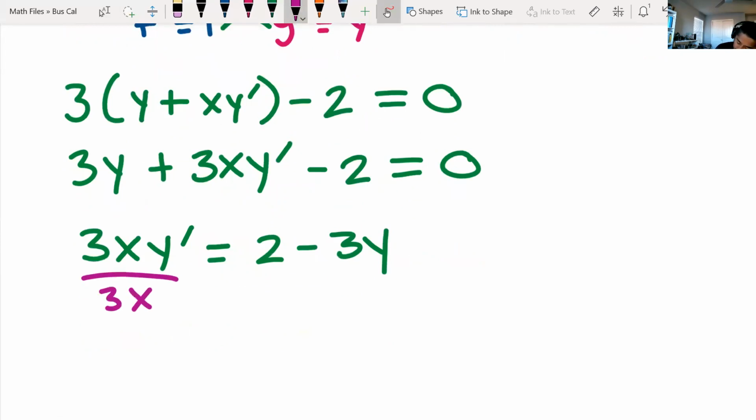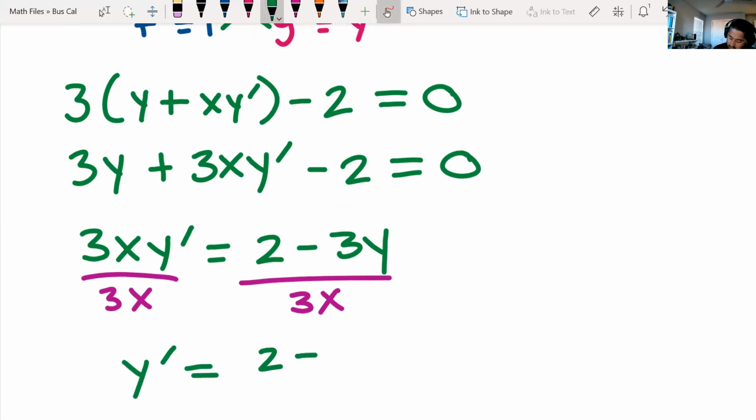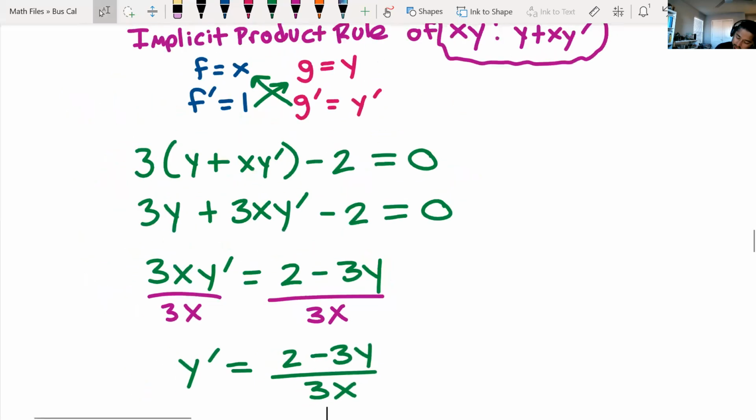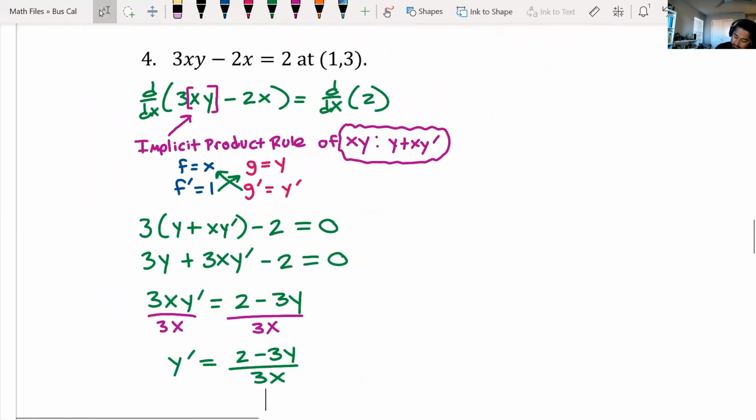Three? Oh, 3x, because we're solving for y prime. And you'd get 2 minus 3y over 3x. And there's your implicit derivative.